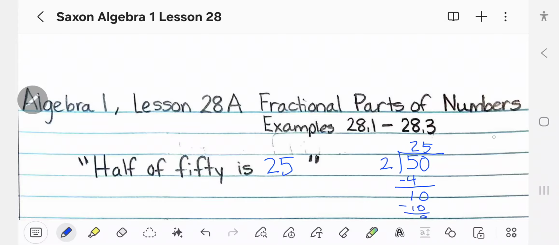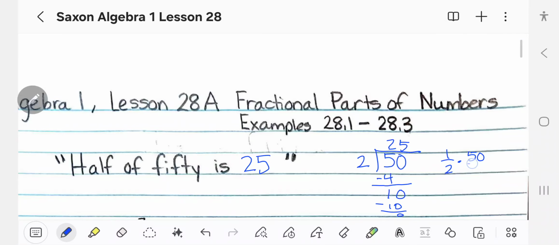Or you could have thought half of 50, and then written that as a fraction and canceled, and you would end up with 25 over 1 or 25. However you did it, you came up with 25. You may have just known that.